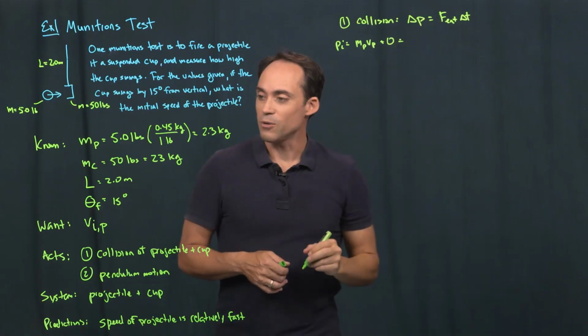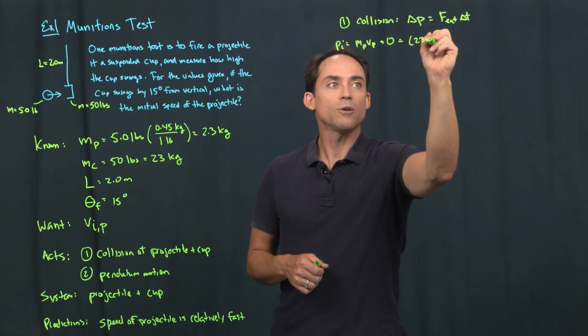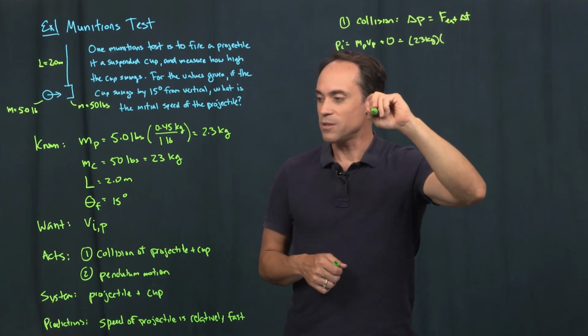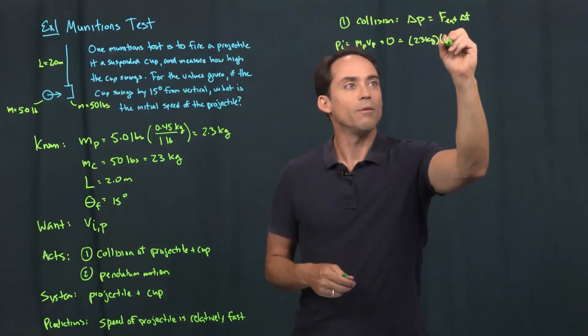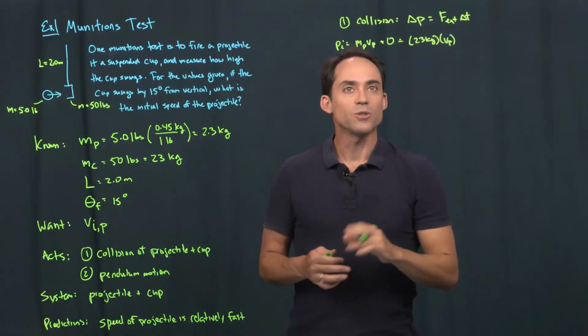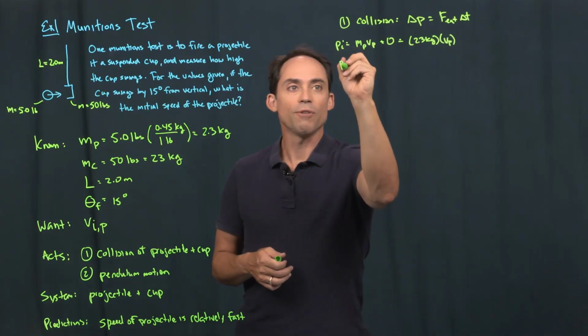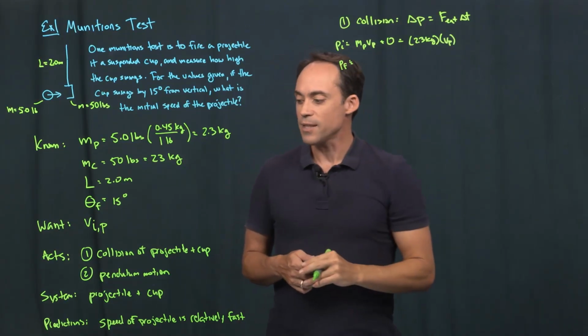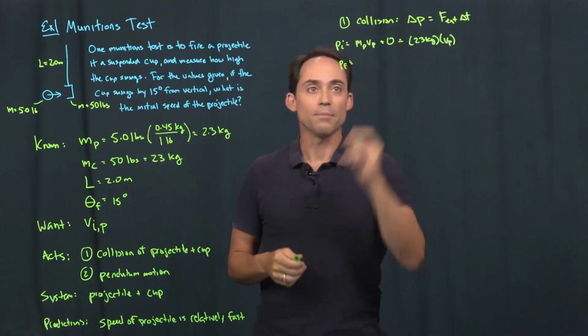And so we can actually solve for this. This is going to be 2.3 kilograms times the speed, which we don't know. So I can't put that in parentheses, but we'll put it there anyways. All right, and so that gives us a number for our initial momentum. We can write down our final momentum, and that's going to be the combined speed of both the cup and the ball.